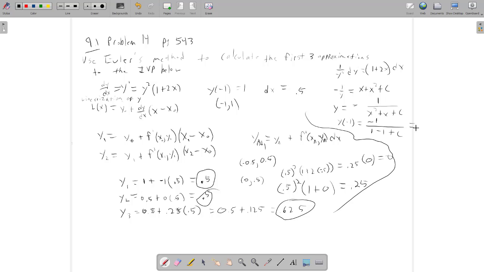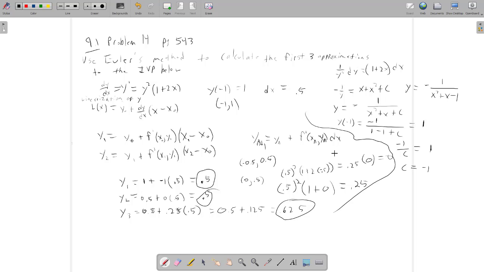This should all equal 1. So I just get negative 1 over c equals 1. So flip this side, multiply by negative, c is going to be negative 1. So our exact answer is y equals negative 1 over x squared plus x minus 1.